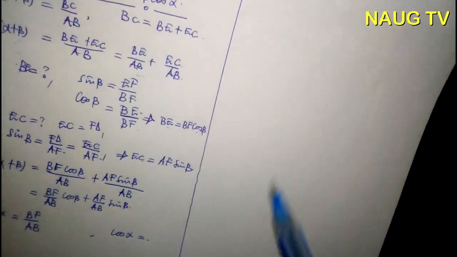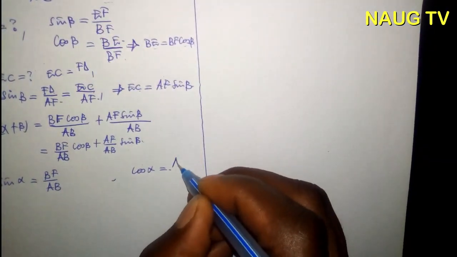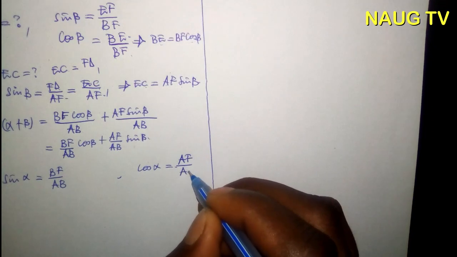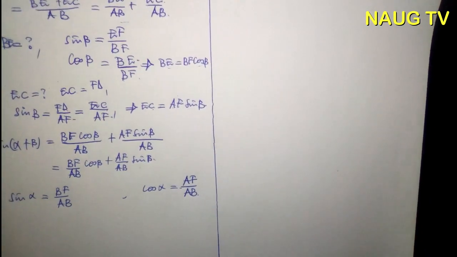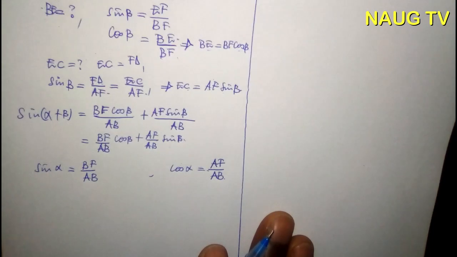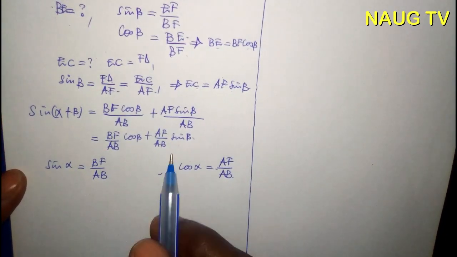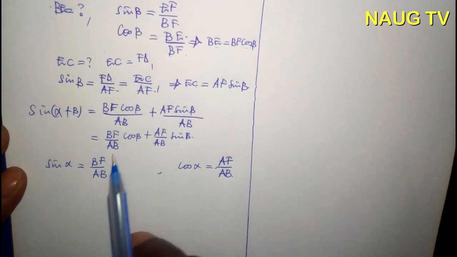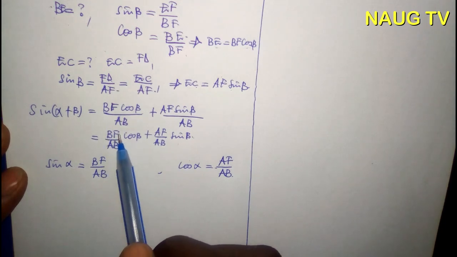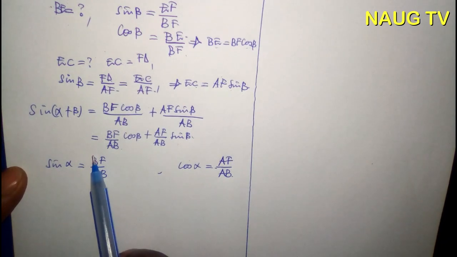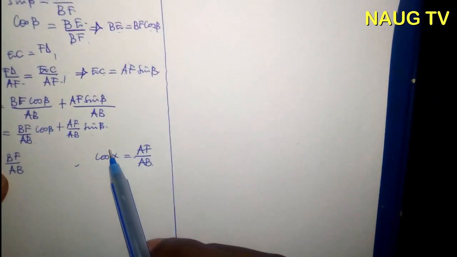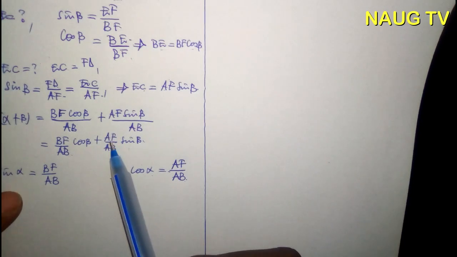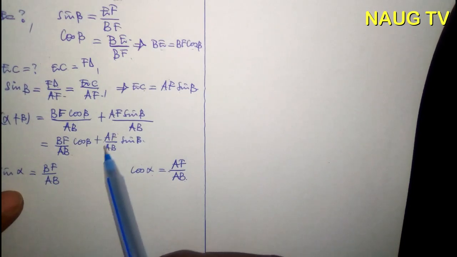So it would be AF over AB, okay? So if you look carefully here, you would see that sine of alpha is equal to BF over AB as it is here, and also cosine of alpha is equal to AF over AB, which is also here, AF over AB.